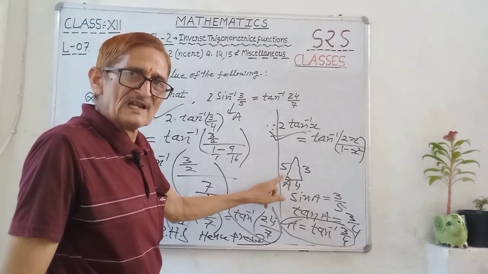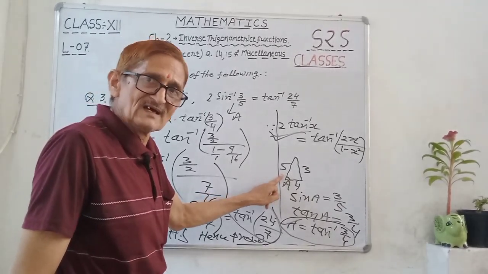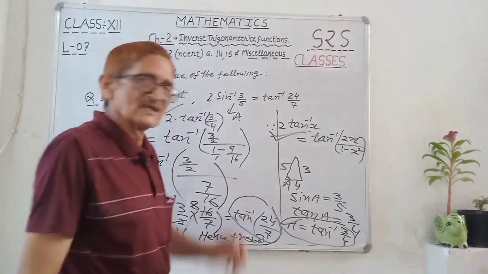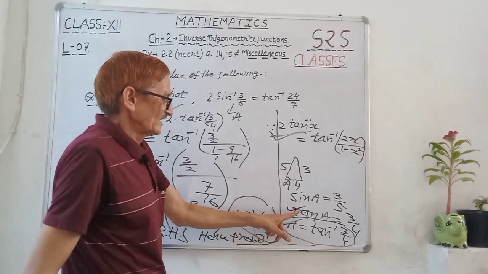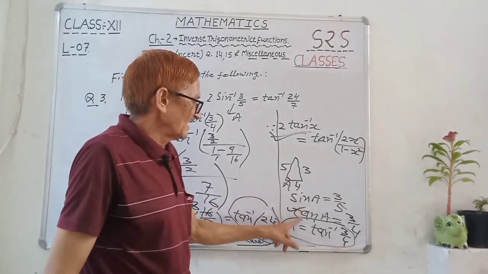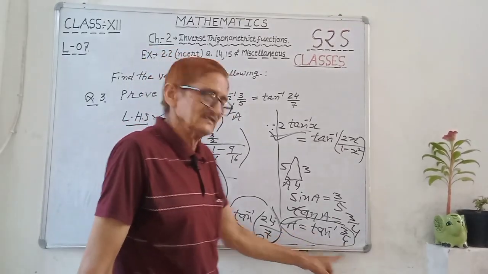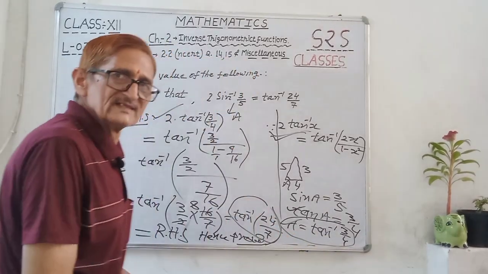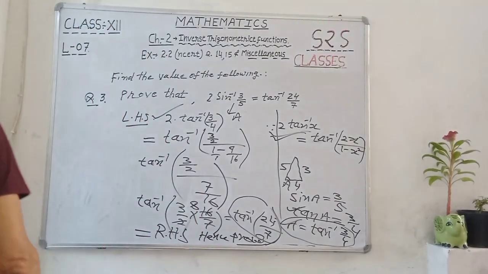It is the original method we learnt in 10th class also. In this triangle you can take tan A, cot A, cos A, sec A, and then write the value of angle A in every inverse. So you can use it anywhere it is required.